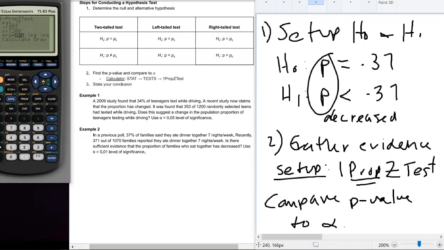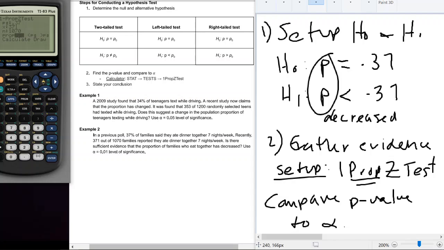And now we're asked for sample statistics. This is where the 371 out of 1070 families comes in. Here we took a sampling of 1070, with 371 being of interest. 371 ate together 7 nights a week. Let's plug in the sample size. This line in the calculator is where we identify the alternative hypothesis symbol.